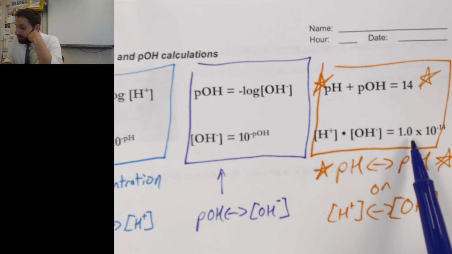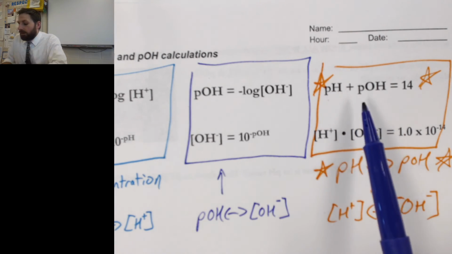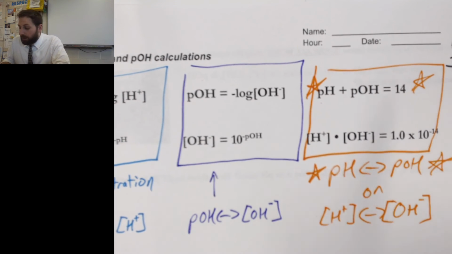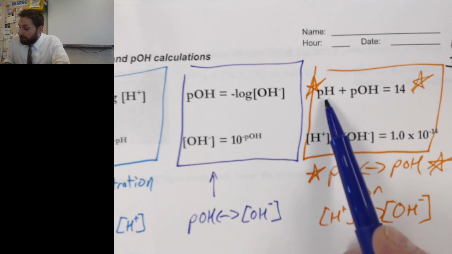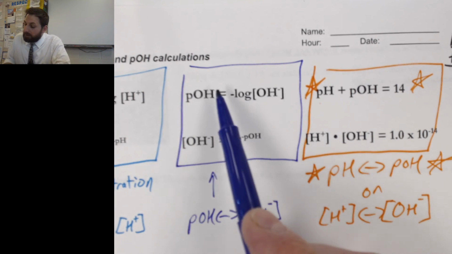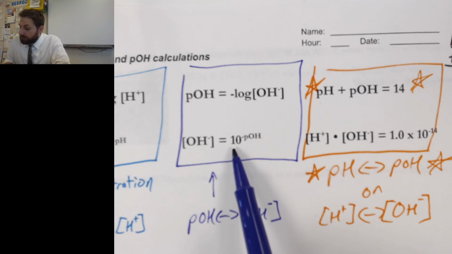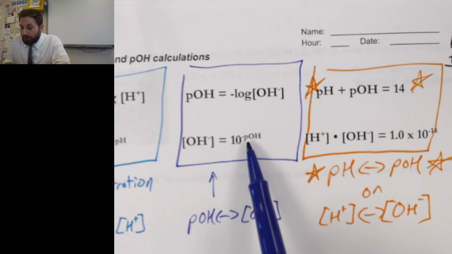So I could use this equation and get my answer. Feel free to do it right now. Or I could do a two-step problem. Because I have my pH, I could find my pOH. Then I could hop over here and do 10 to the negative pOH.